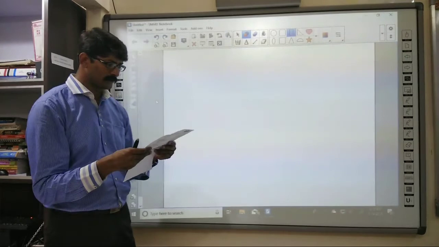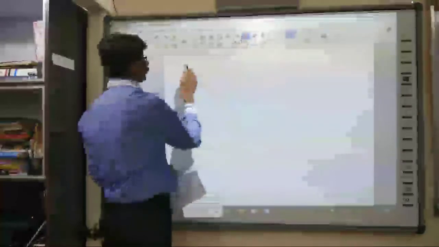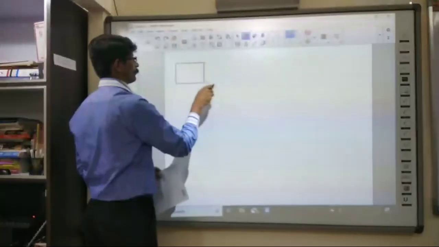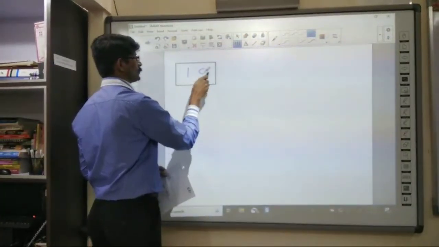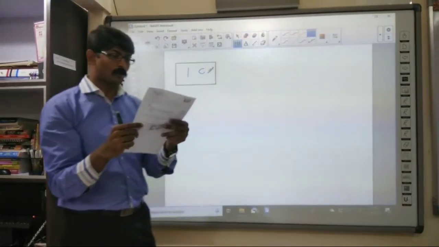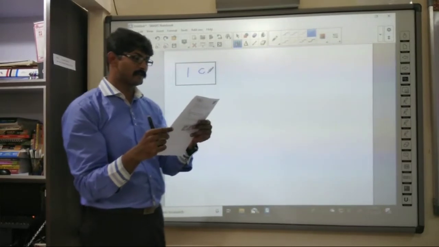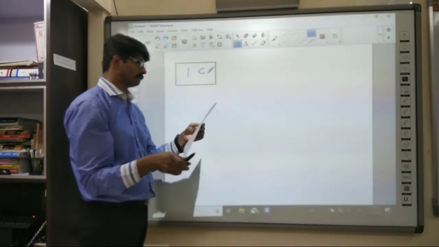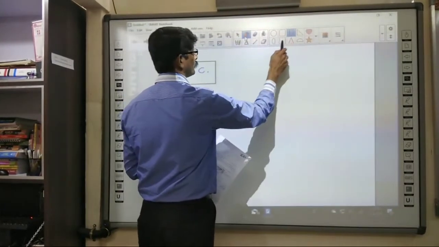Question number 1C, which was just asked in this Sunday's test. A solid cone of base 9 centimeter in radius, height 10 centimeter. I'll draw the cone first over here.